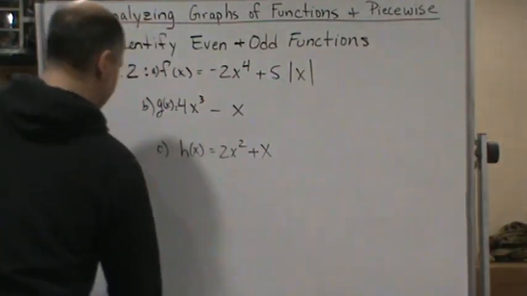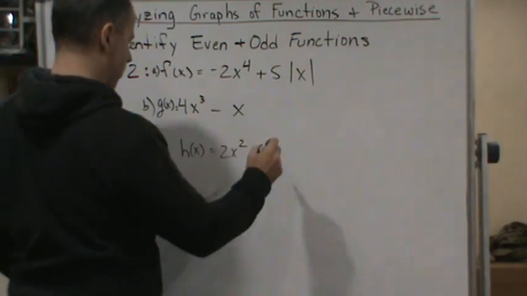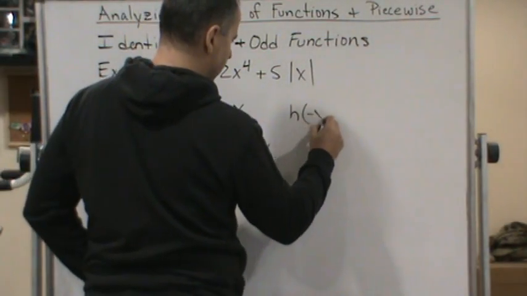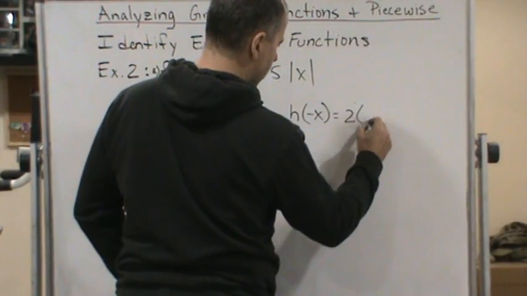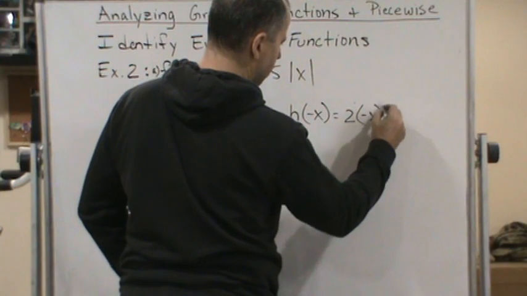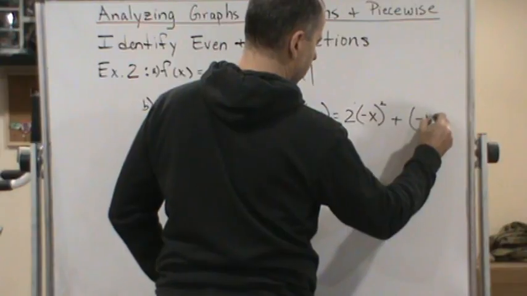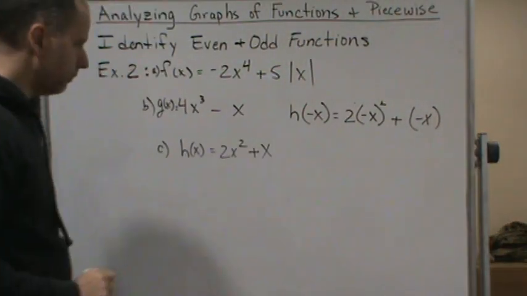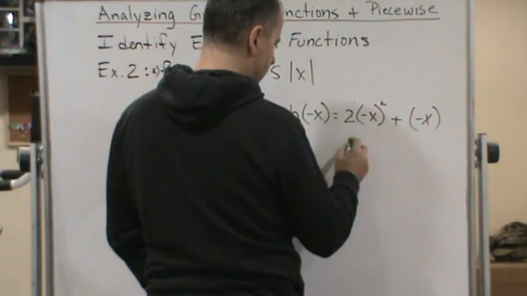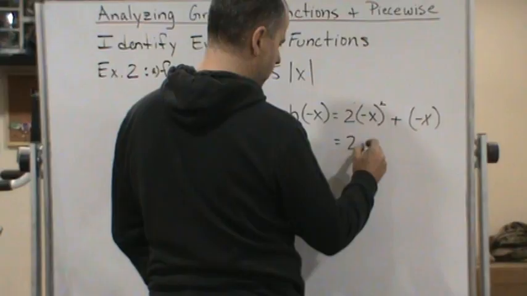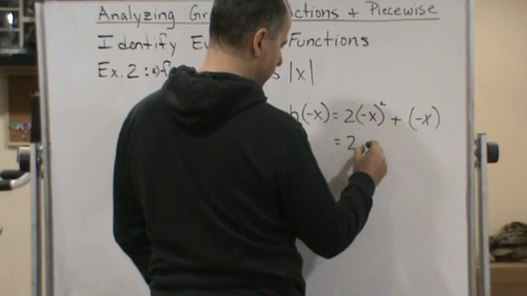Now what about this one? What about h of x? So let's do h of negative x. That's going to give us 2 times negative x to the second power plus negative x. Now in this case, the even power gives us 2x, because negative 1 times negative 1 is positive 1.